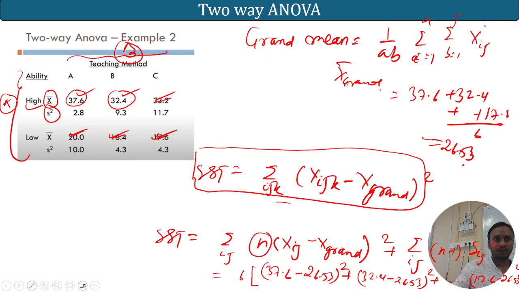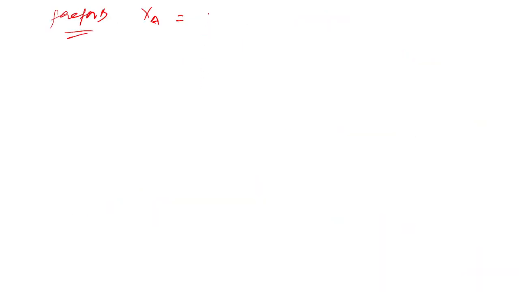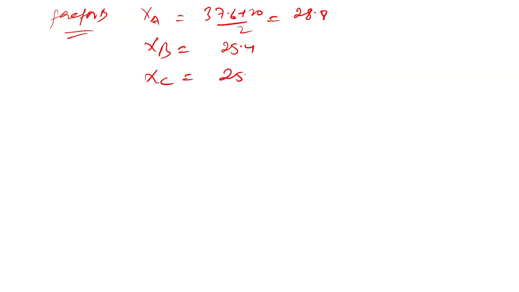What are the things we have? We'll take x bar A here: 37.6 plus 20, divided by 2, is 28.8. Similarly, x bar B will get a value 25.4, and x bar C will get 25.4.